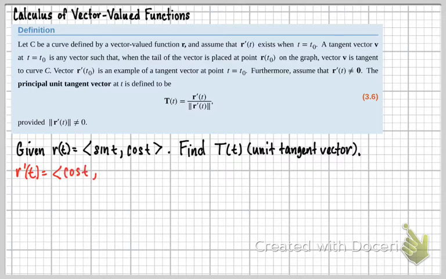So sine of t, the derivative of that is cos of t. And the derivative of cos of t is going to be negative sine of t. Okay, now that we found the derivative, we have to find the magnitude of the derivative as well for the formula. So now I'm going to take this and find the magnitude.